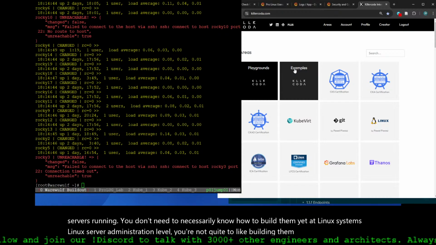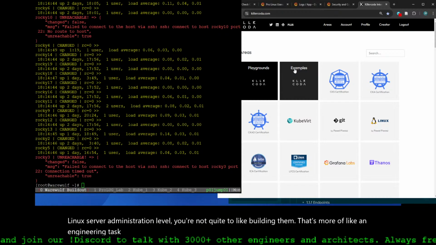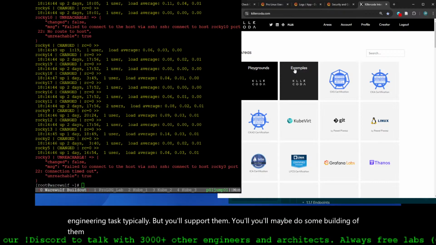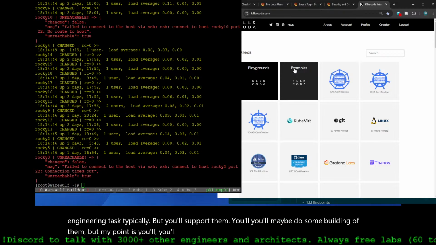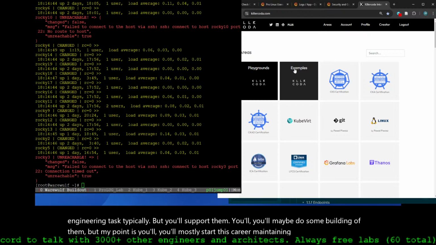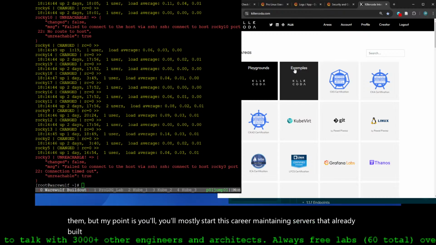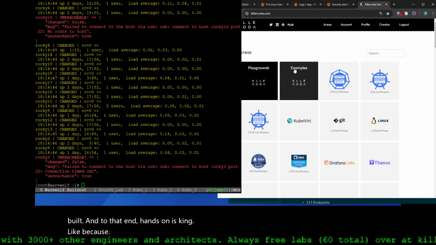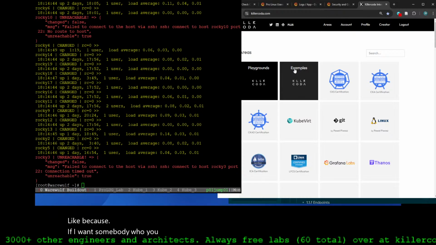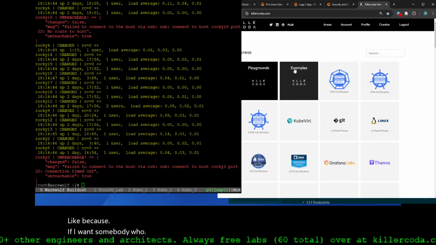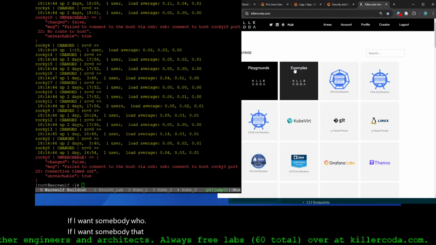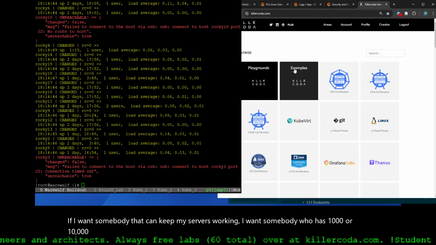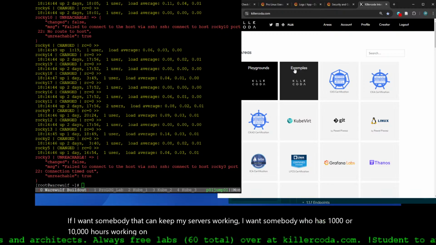That's more of an engineering task typically. But you'll support them. You'll maybe do some building of them. But my point is, you'll mostly start this career maintaining servers that are already built, and to that end, hands-on is king. If I want somebody that can keep my servers working, I want somebody who has 1,000 or 10,000 hours working on servers, even if it's just hanging out.